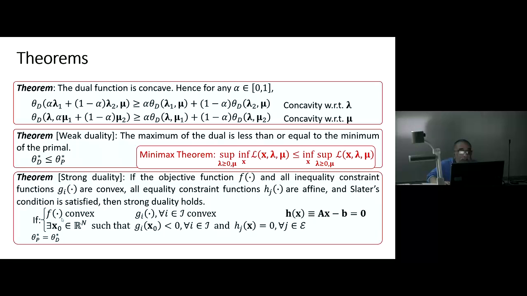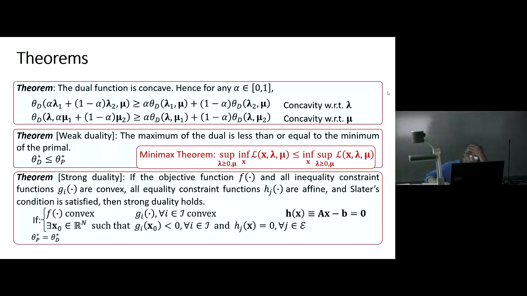So this is what I've written down mathematically. So f of x is convex, gi's are convex, and the equality constraint h of x is written in this manner: Ax minus b equals 0. And Slater's conditions are satisfied.